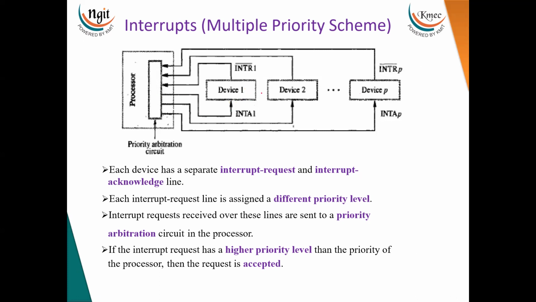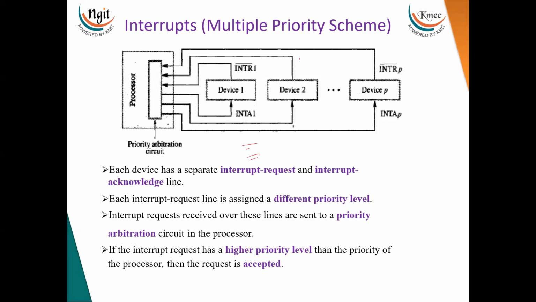Now, for example, if device 1 and device 2 both are requesting service: at the beginning, device 1 requests service, and after getting the acknowledgement, the device 1 ISR is being executed.